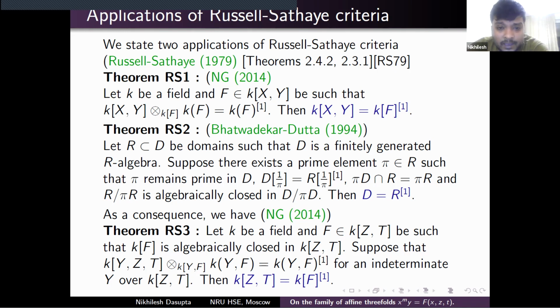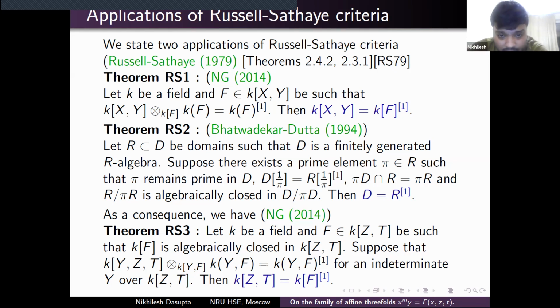Another theorem: suppose there are two integral domains R and D such that D is a finitely generated R-algebra, and there is a prime element pi in R such that pi remains prime in D. So pi is an element in R; I lift pi from R to D, and I want pi to remain prime there, so it should not break up into other factors.